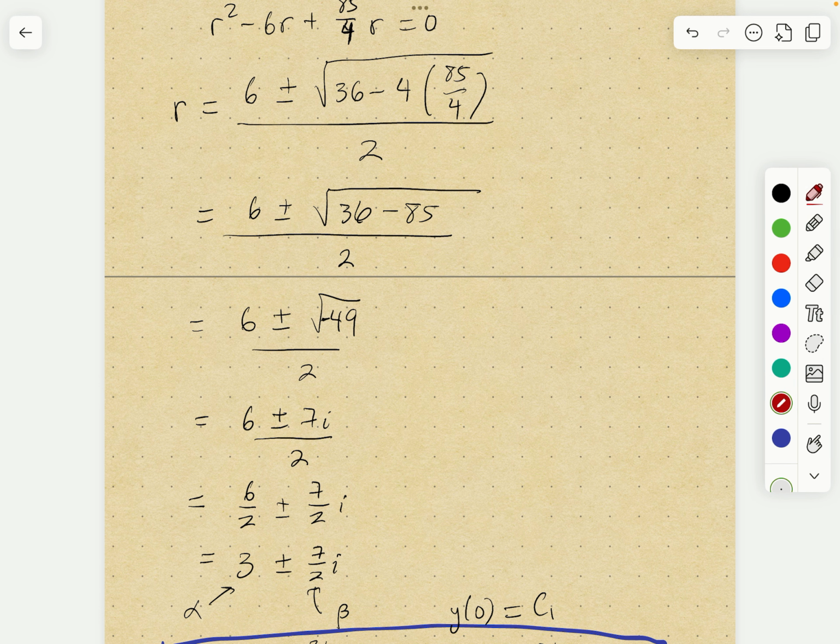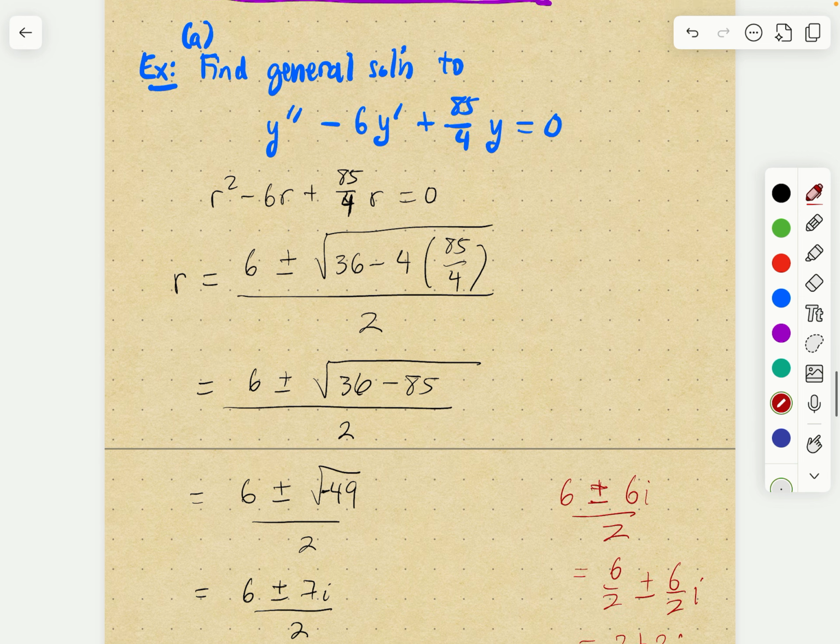Like, let's say that you had 6 plus or minus 6i over 2, right? You just want to be careful and make sure that you simplify this as 6 over 2 plus or minus 6 over 2i, and then write that as 3 plus or minus 3i, and not 3 plus or minus 6i or 6 plus or minus 3i or something like that, right? So just be careful with the simplification.